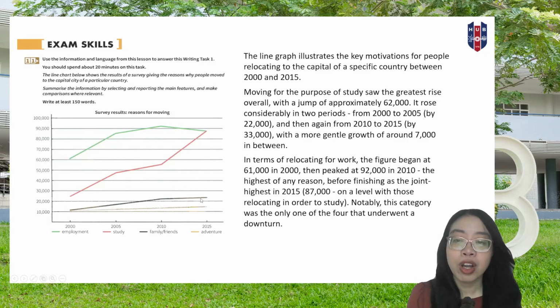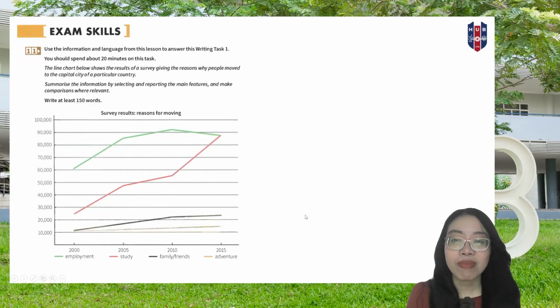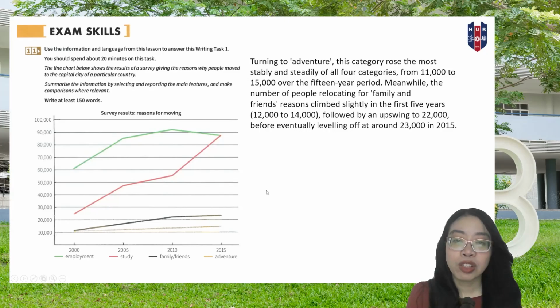That means compared with the other ones. Okay, so for the next one, it will describe the rest, right? With the transition of turning to, and then it says rose the most stably and steadily, right? If you notice the adverbs right here, they use the verb with the adverb. Meanwhile, pay attention to the transition here, and then they climb slightly, followed by an upswing. Okay, a noun phrase, and then leveling off.